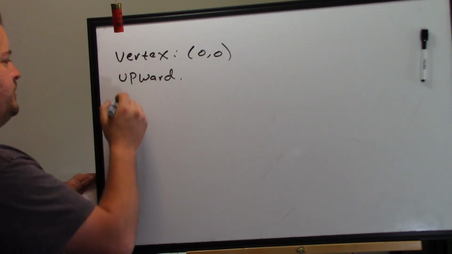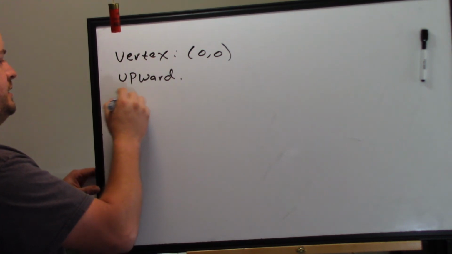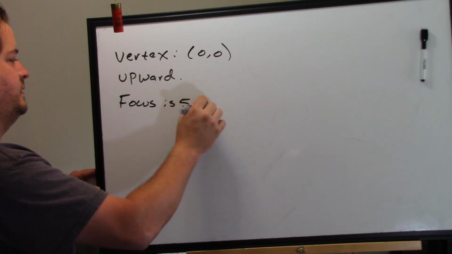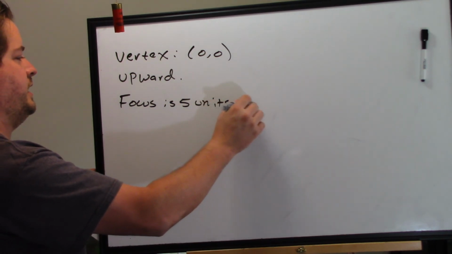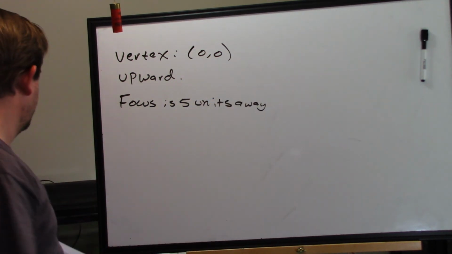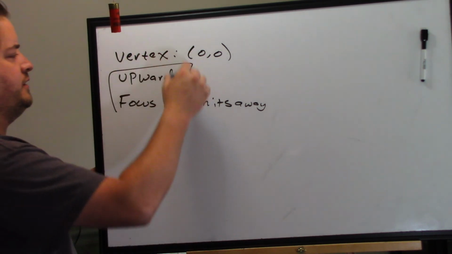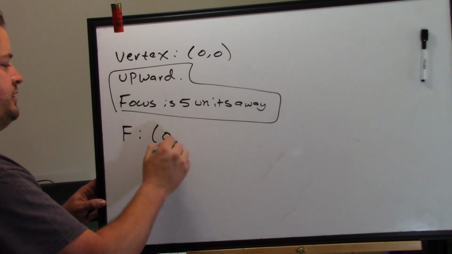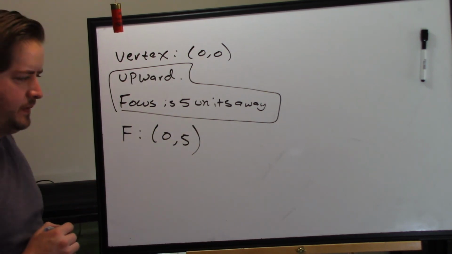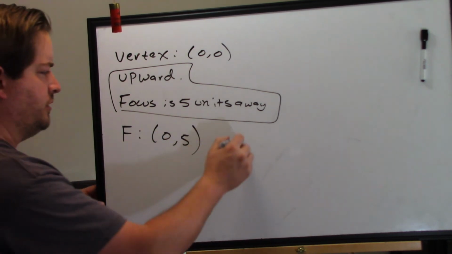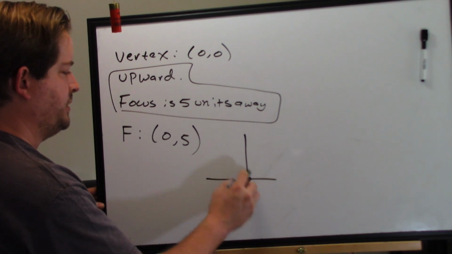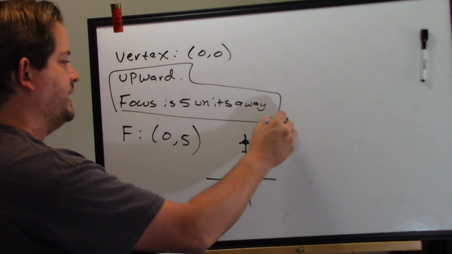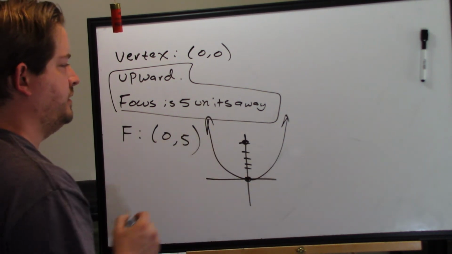And the focus is 5 units away from the vertex, right? So all this is just a wordy way of saying that my focus is at 0, 5. So I know what that looks like. I have a vertex at 0, 0. 1, 2, 3, 4, 5 units up here, I have a focus. It's an upward facing one.